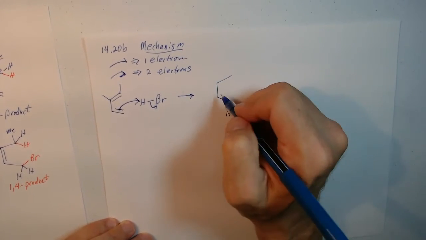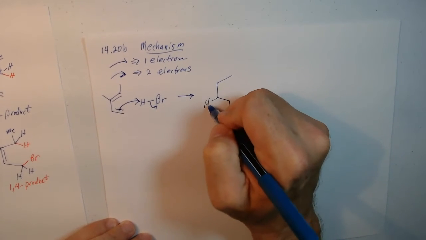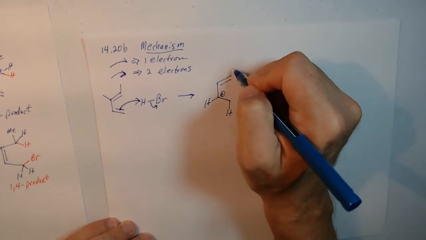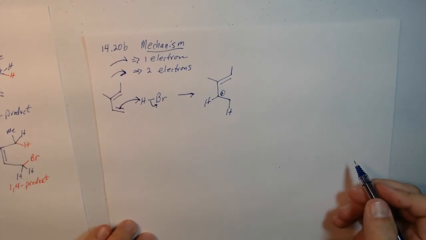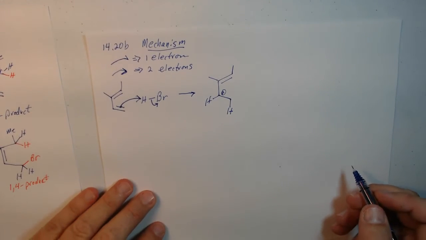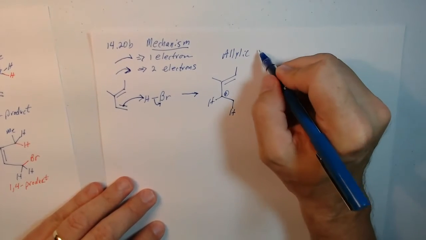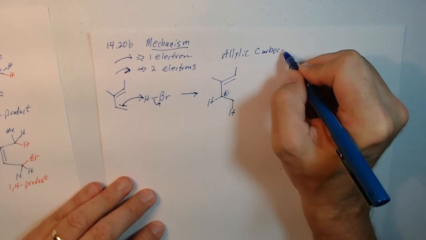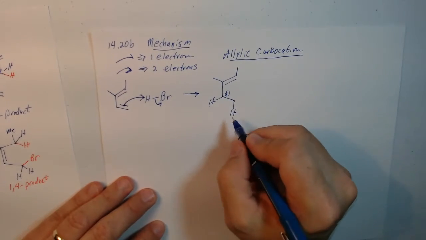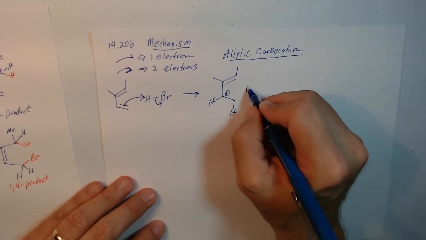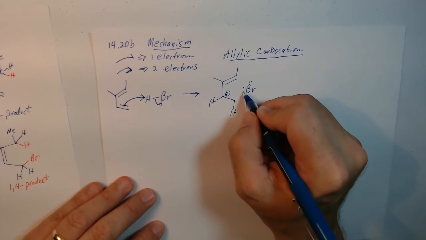And I'm only going to show the atoms that are critical. We make an allylic carbocation. The other part here is that we still have Br minus.